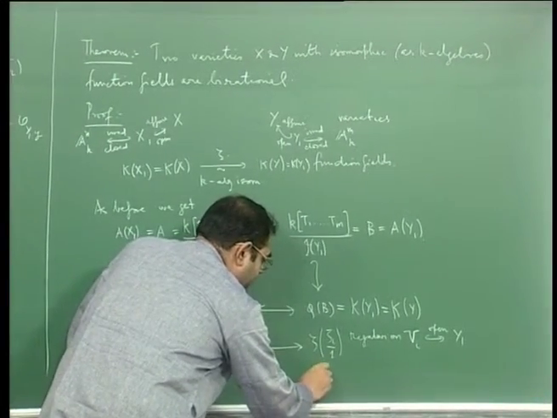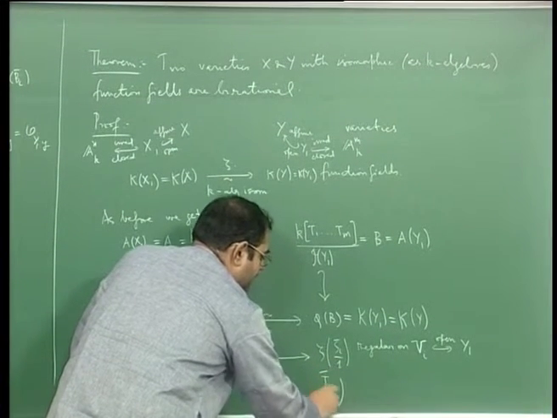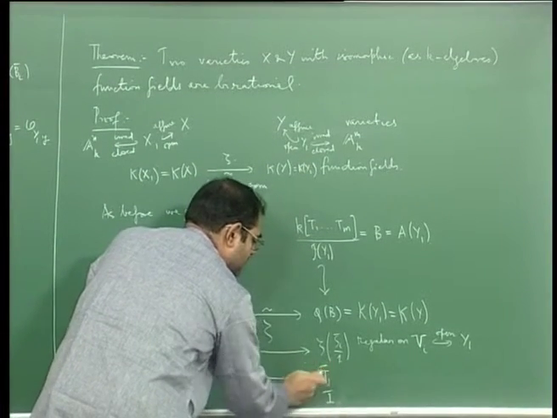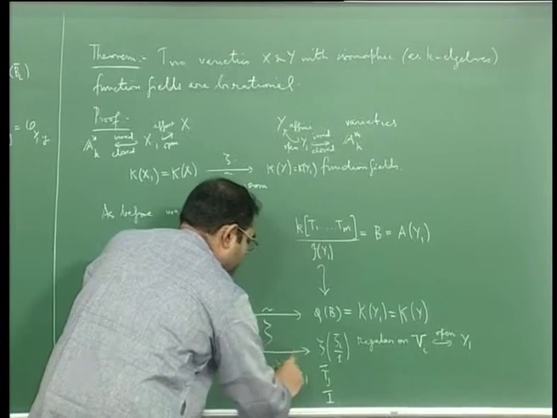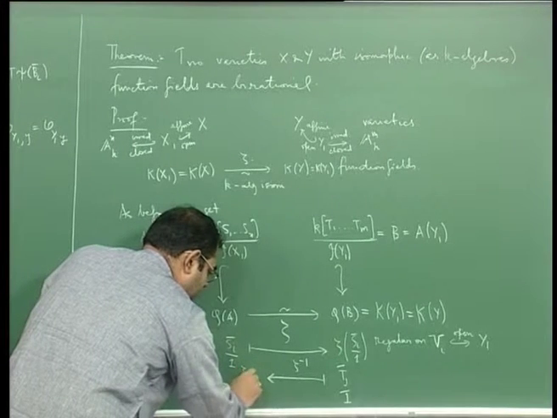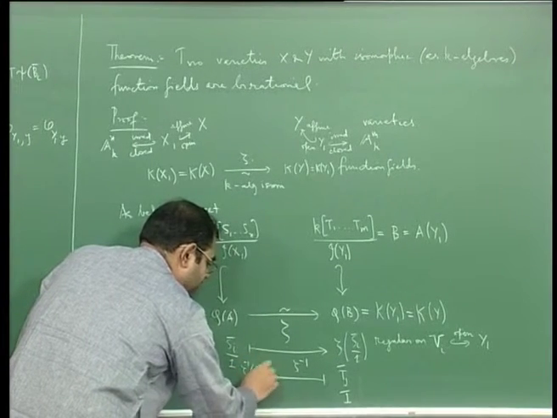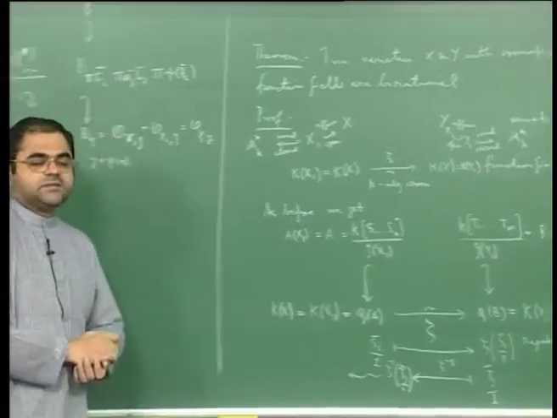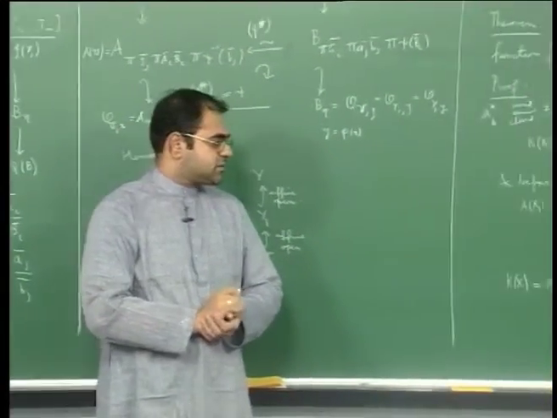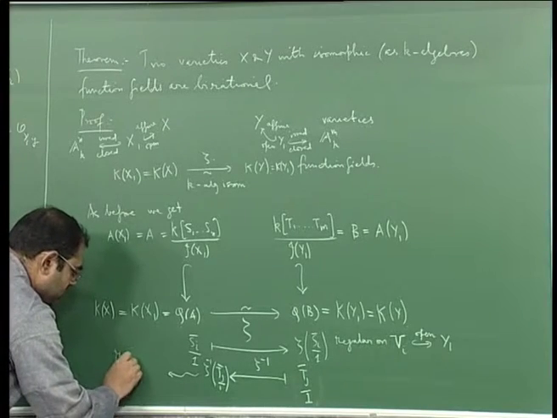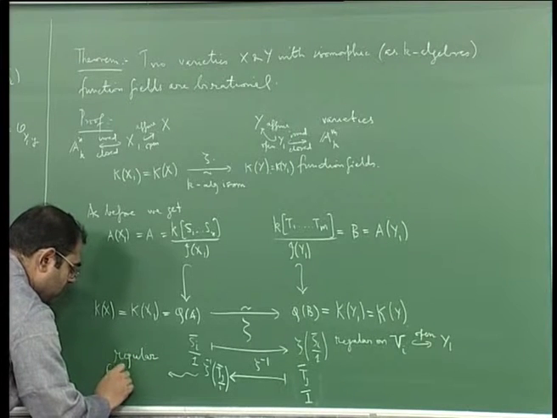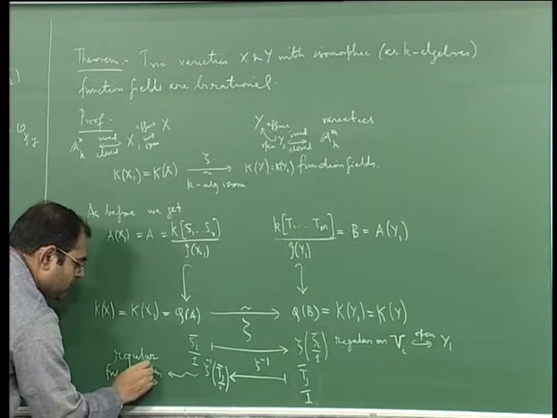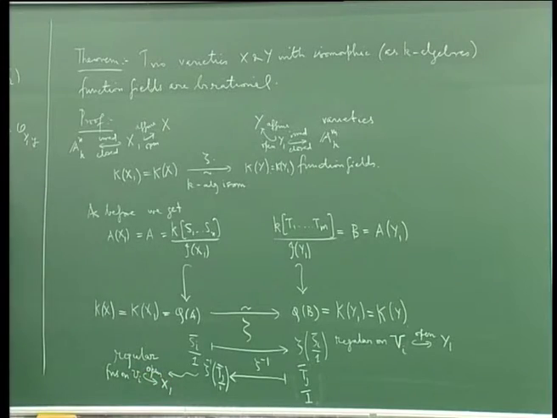If I take tj bar divided by 1 and apply zeta inverse, I'll end up with zeta inverse of tj bar by 1, and these fellows are going to be regular functions on Ui's, where Ui's are open subsets of X1, okay. So I'm going to end up like this.